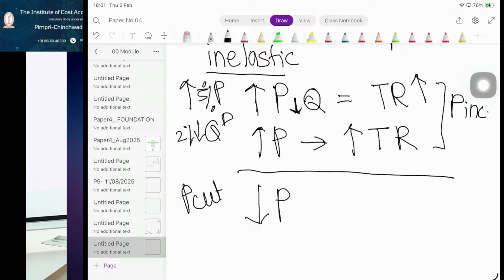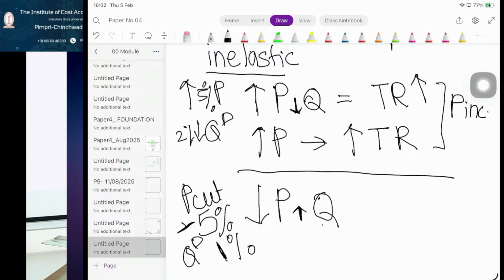Demand is inelastic, remember. So if you cut the price by 5%, quantity demanded may increase but by less than 5%, maybe only by 1%. So I show quantity with a smaller arrow, increased only by 1%.